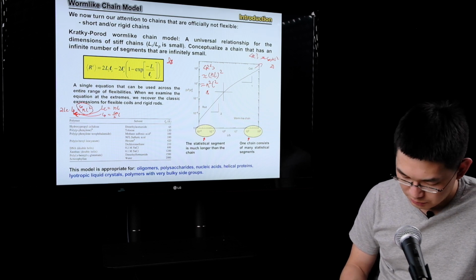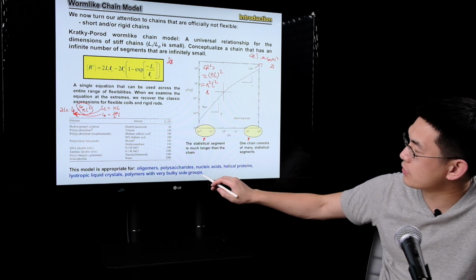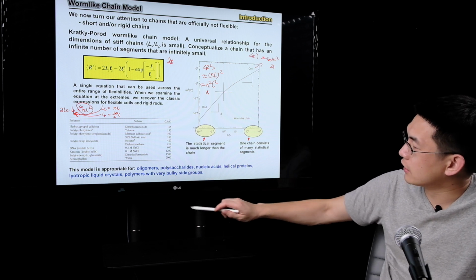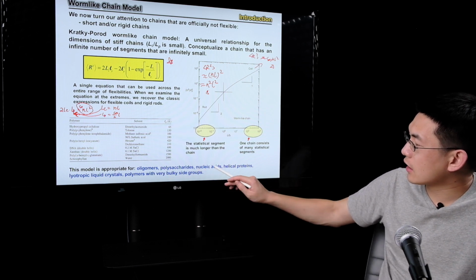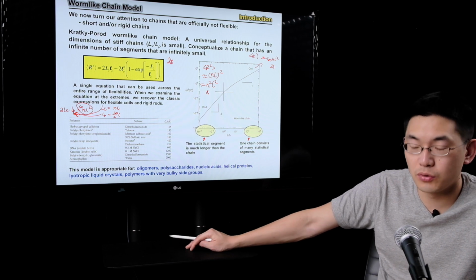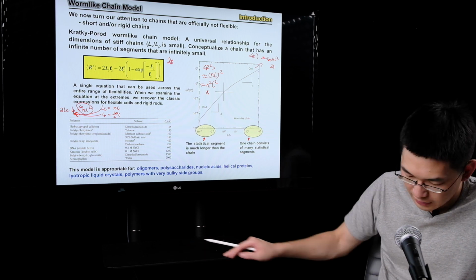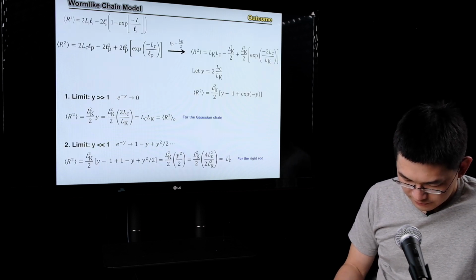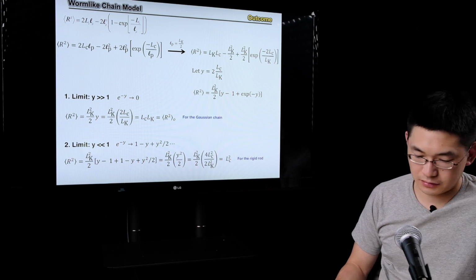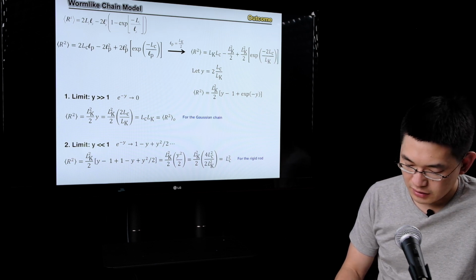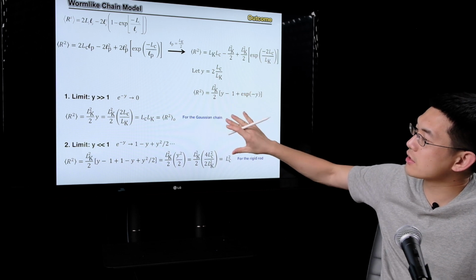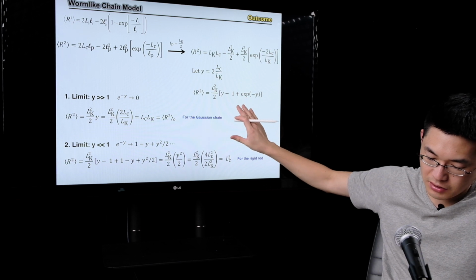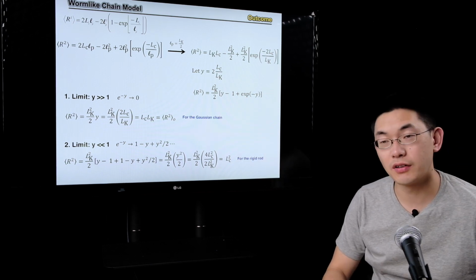This model has been shown to be more broadly applicable to polymers with very bulky side chains, conjugated polymers, liquid crystalline polymers, and other oligomers, because you need to consider more of a wormlike chain model than these flexible chains. So this is the practical explanation. I'll leave it here as homework, but the answer is already here. Please go back and review what we have discussed in this equation, and we can go through the equation if you have a problem.